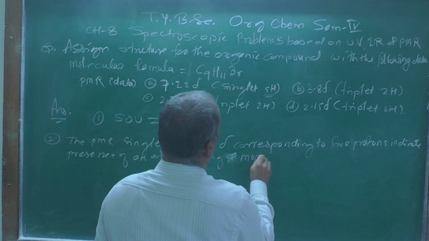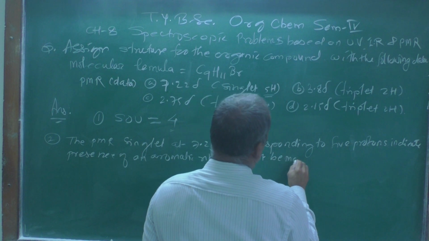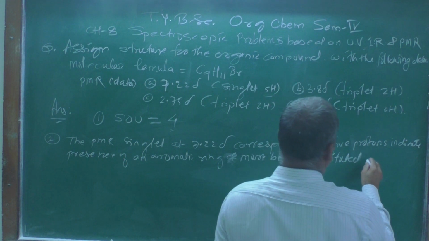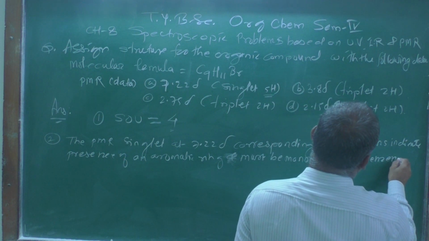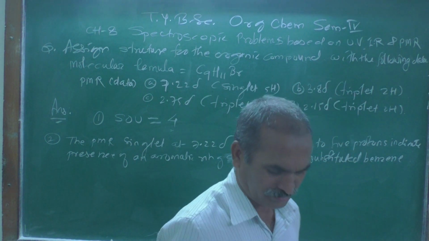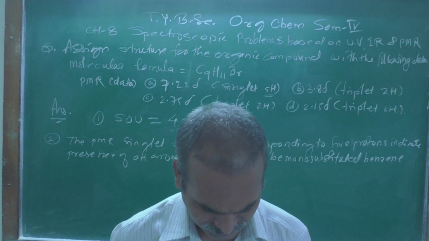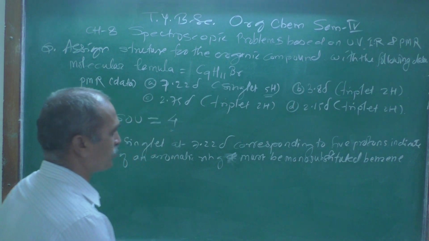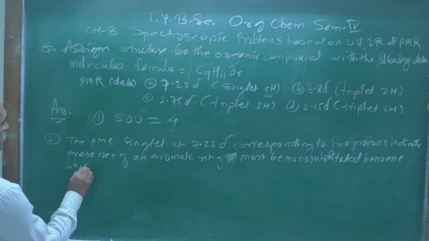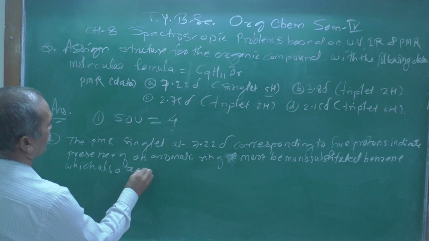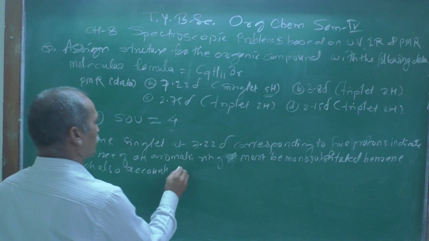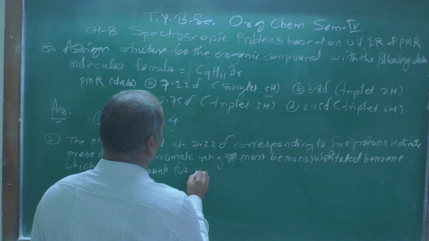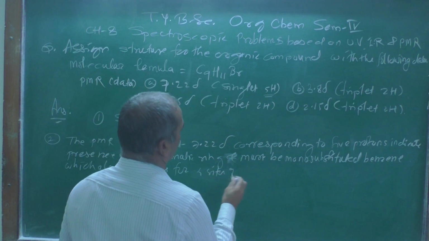It must be a substituted benzene ring, monosubstituted benzene, which also accounts for four sites of unsaturation.